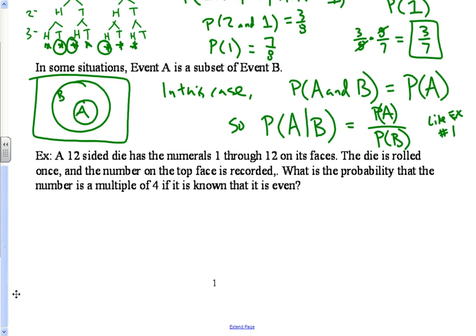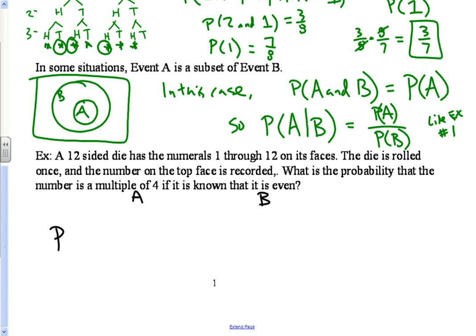All right, so our last example: a 12-sided die has numerals 1 through 12 on its faces. The die is rolled once, and the number on the top face is recorded. What is the probability that the number is a multiple of 4 if it is known that the number is even? So we want the probability of a multiple of 4, that's our event A, given that it is even.